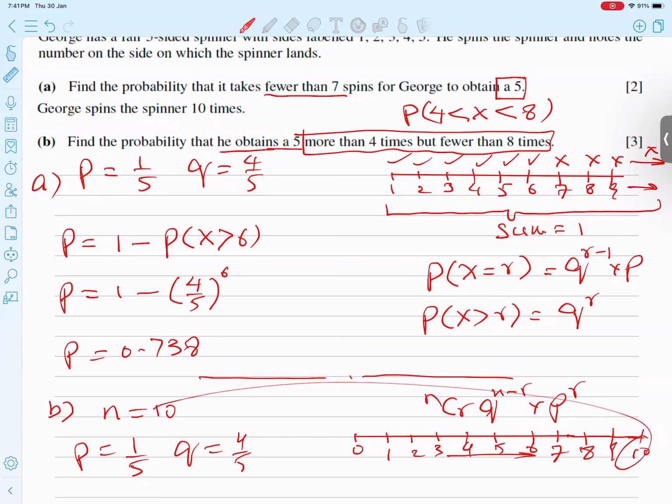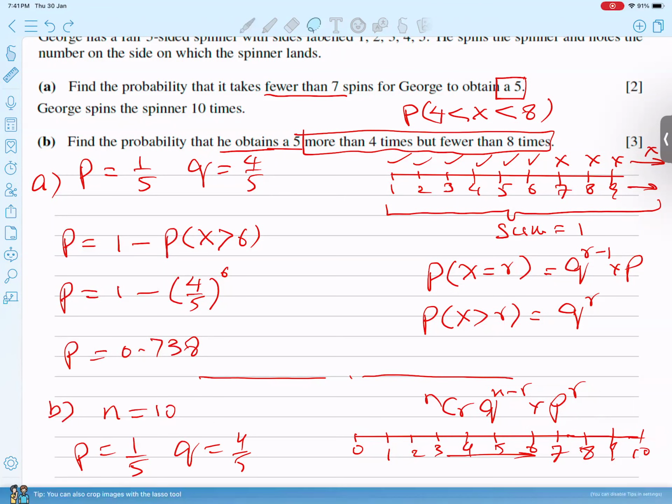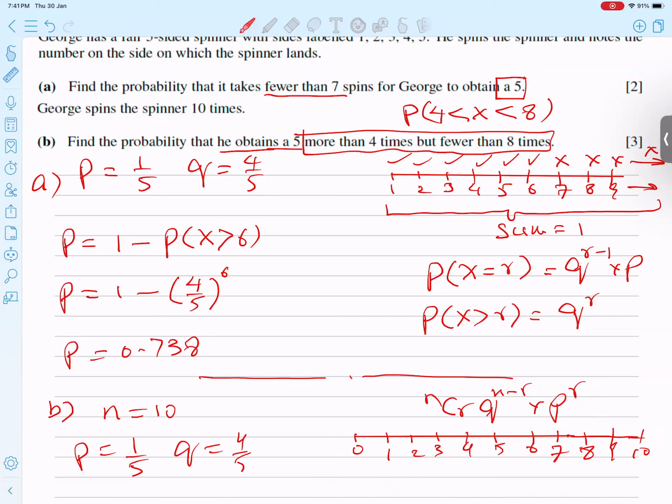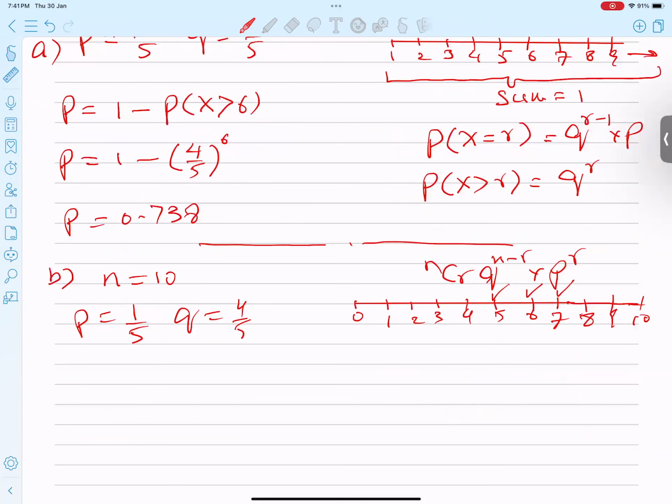Why did I write 10? Because n is 10. Now between 4 and 8, it means 7 I need, 6 I need, 5 I need. Three values I need, so I have to use the r value three times: one time r is 5, one time r is 6, and one time r is 7.